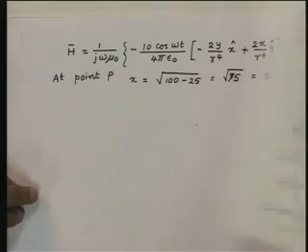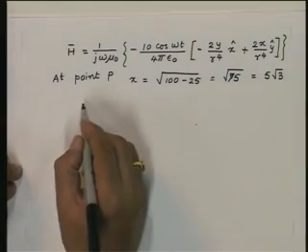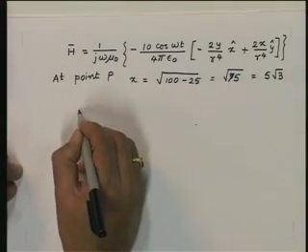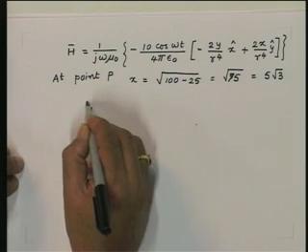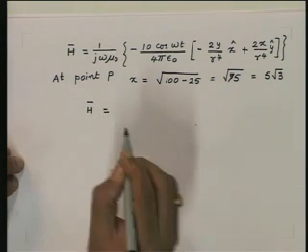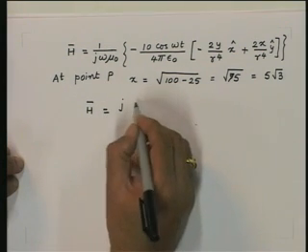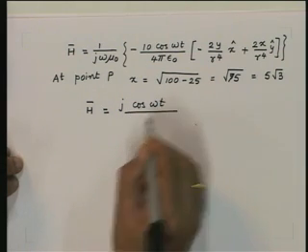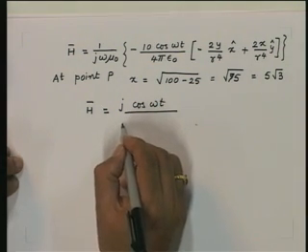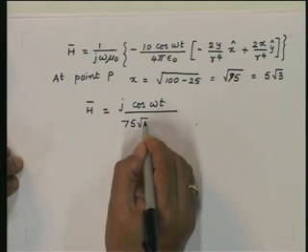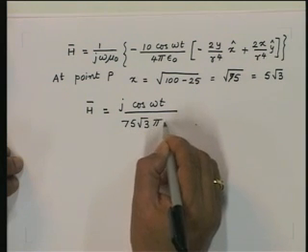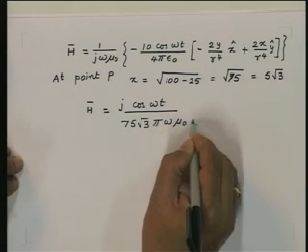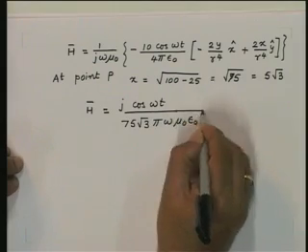I can get the total magnetic field H, that will be equal to j cosine of omega t divided by 75 root 3 pi omega mu 0 epsilon 0.